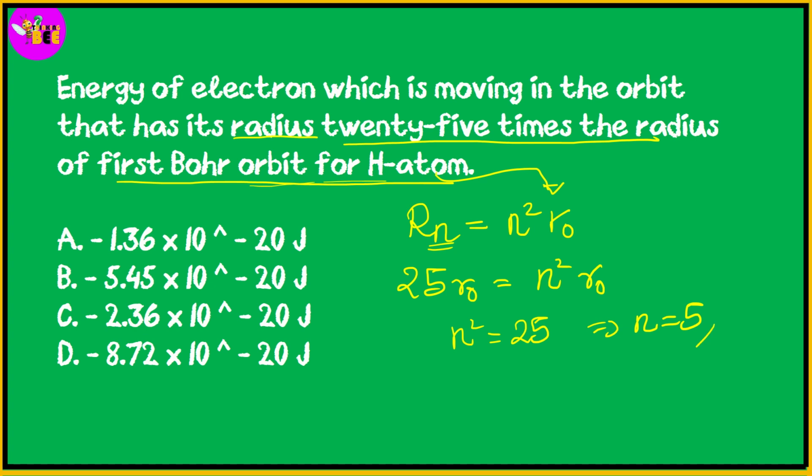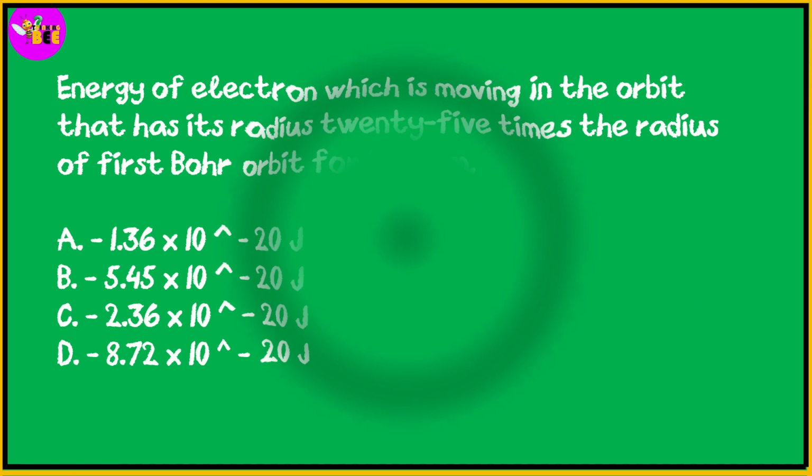So we have got the principal quantum number for the orbit. Now the question is asking us for the energy of the electron which is moving in this orbit. The energy of the orbit is given by En equal to minus 13.6 into z square by n square electron volt.